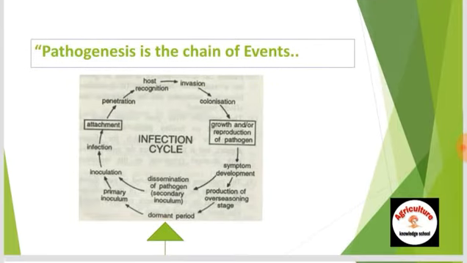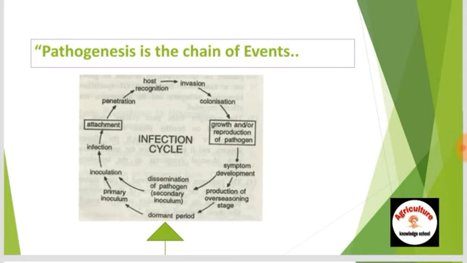Yes, as you are looking in this diagram, the infection cycle starts from the dormant period. After the dormant period, primary inoculum is made, then inoculation, infection, attachment, penetration, host recognition, invasion, colonization, growth and reproduction of the pathogen, and symptom development.